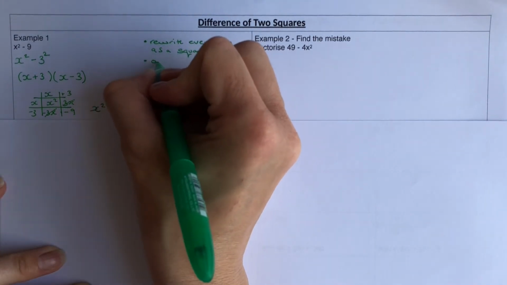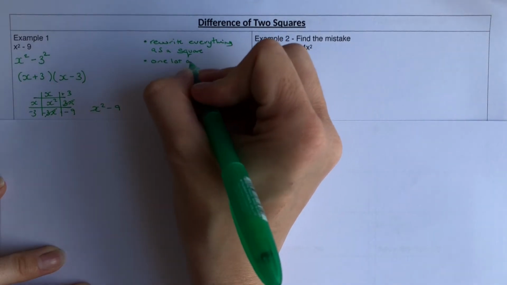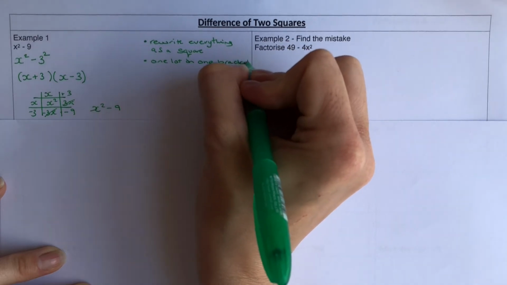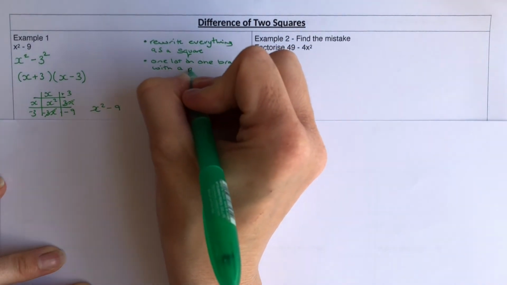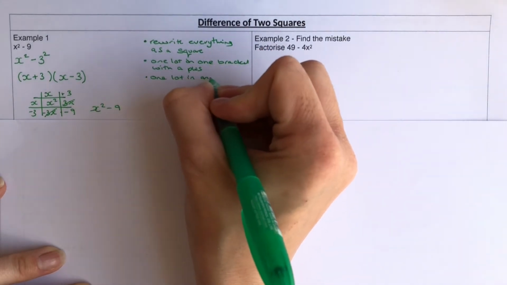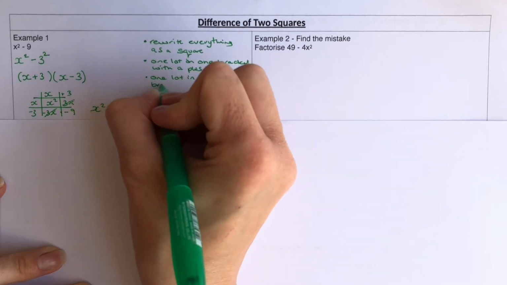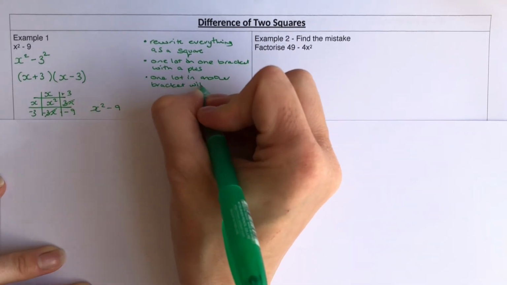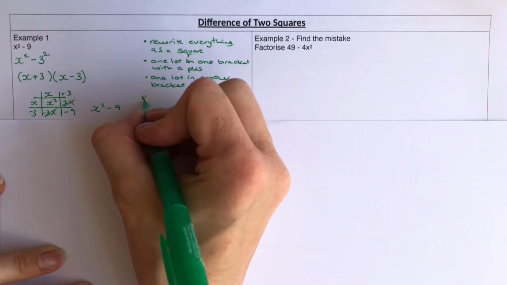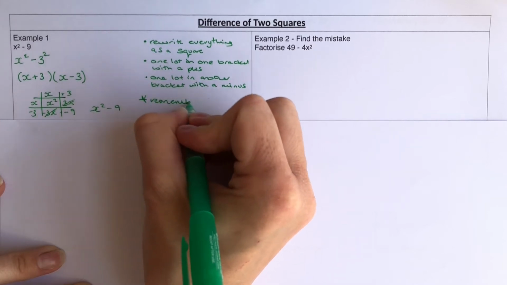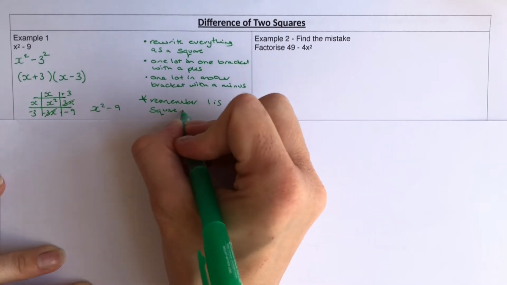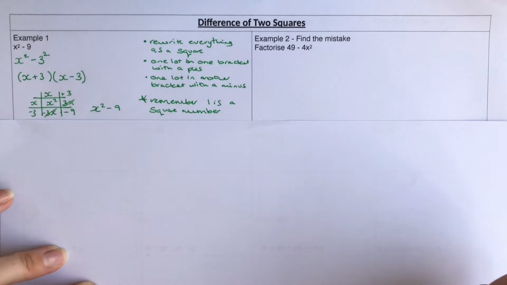Okay, then you put one lot in one bracket with a plus and one lot in another bracket with a minus. So you need to know your square numbers. One little thing to remember, 1 is a square number. 1 squared is 1.